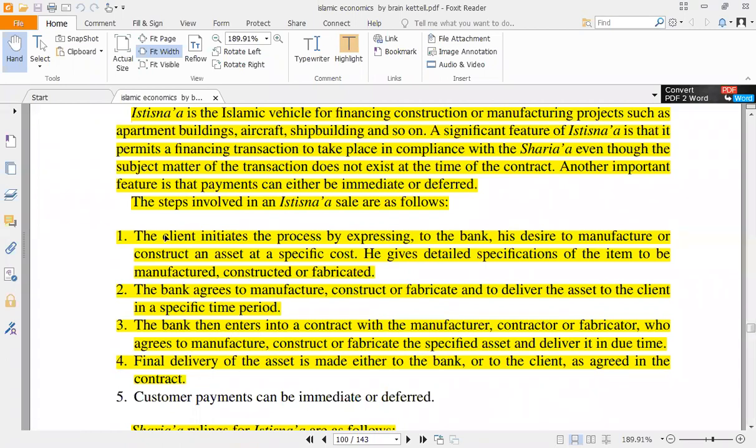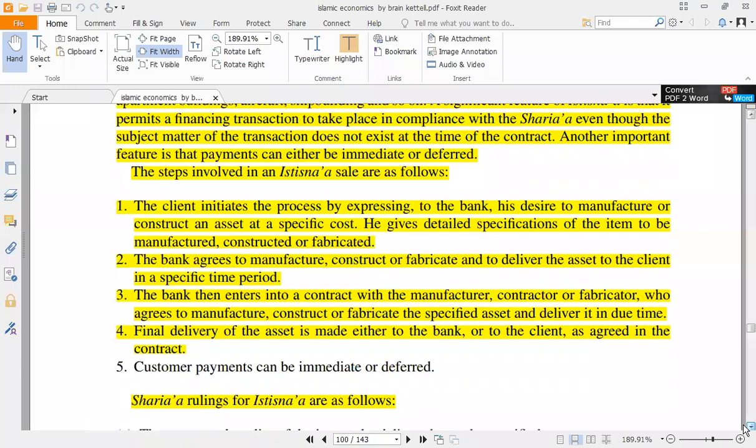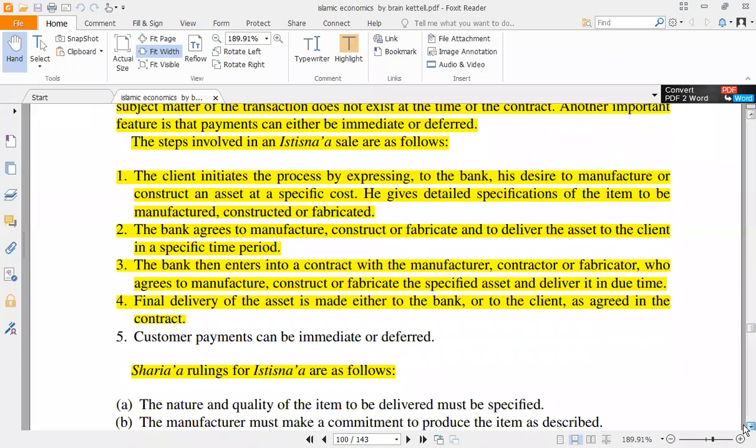So Istisna contract is a combination of 5 steps. Now, one thing very important. Now we are going to discuss further rulings for Istisna in Sharia.